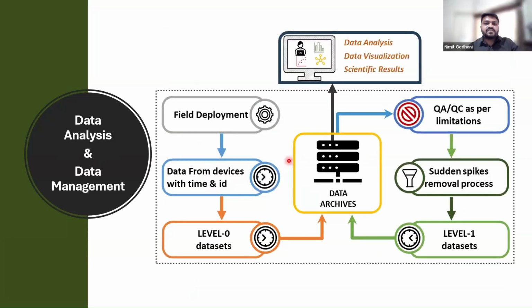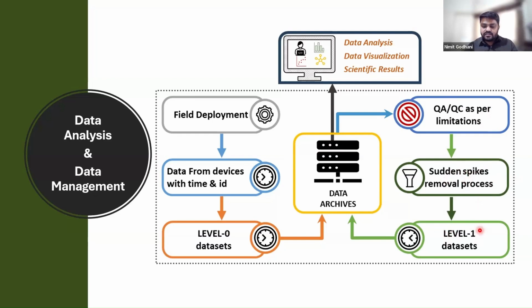Yeah, okay. This is simply, I'm not going into the data analytics part. So this is our sensor. After the calibration, we take the deployment data from the device with ID and timestamp, which we store as raw data, as level 0 datasets. We archive those data. Then we perform the QA/QC as per the limitations, and some sudden spike removals.